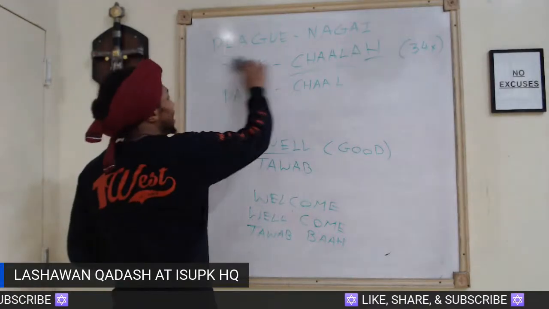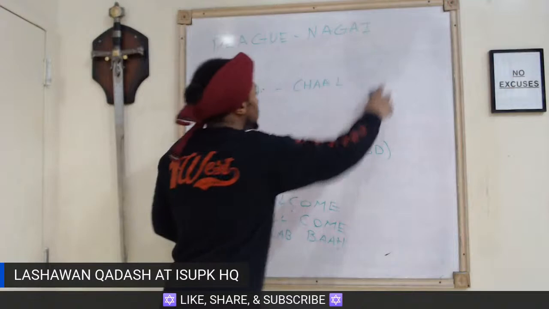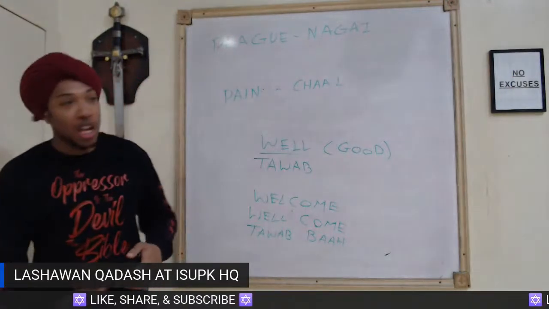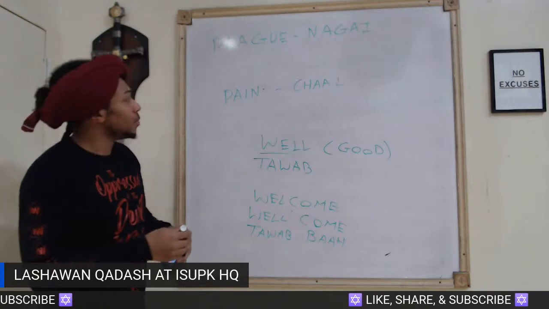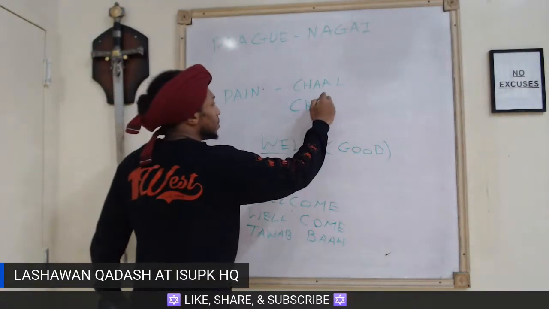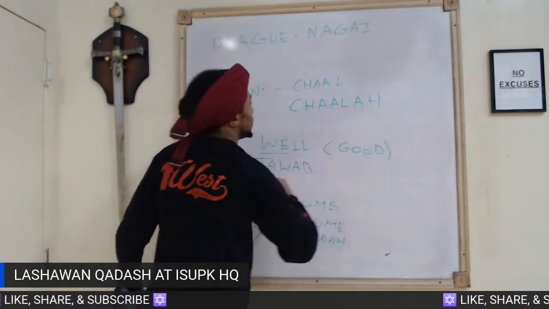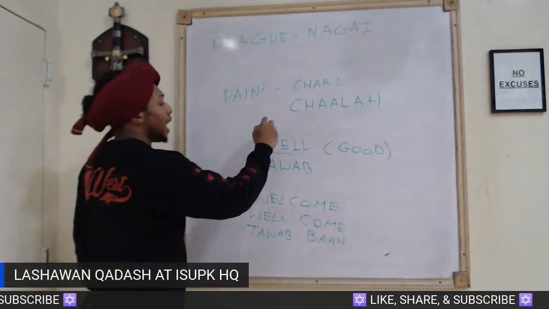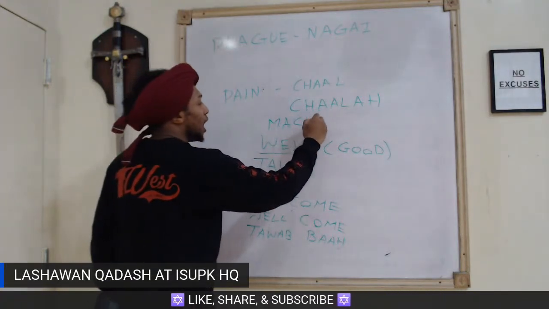Let me put these in order down here. So number one is kal. Kal is the root, pain. Then we got kala. Then we got ma-kala.